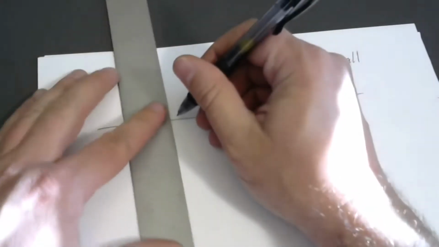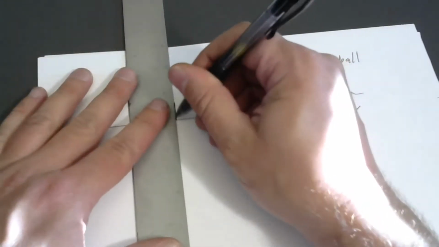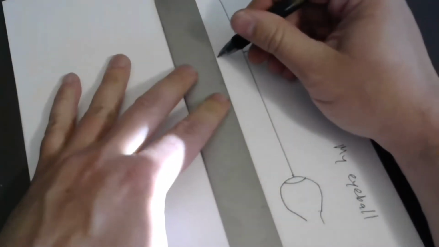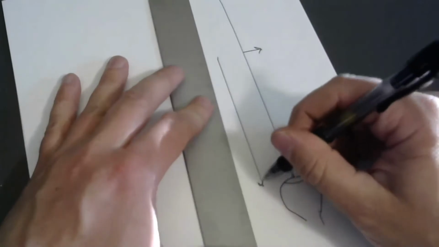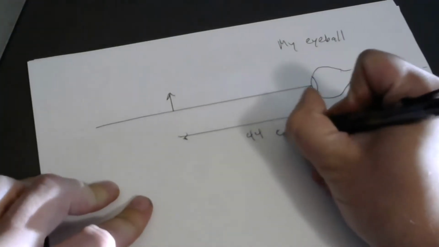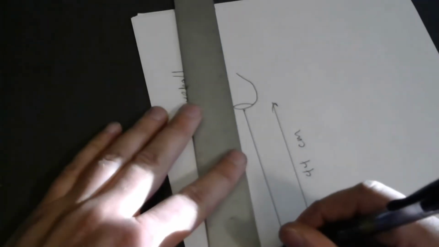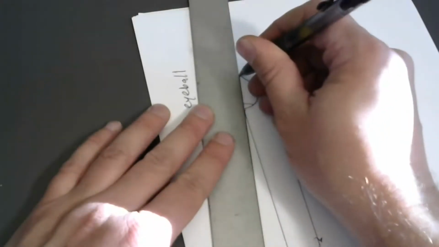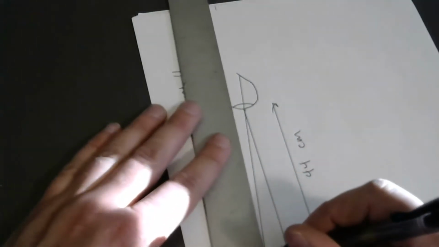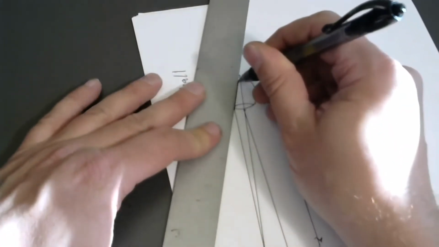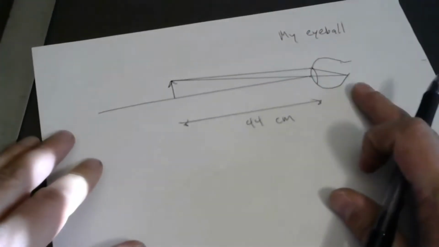Okay, so if we've got an object at the far point, maybe I can only see out to 44 centimeters. Well, that's what the equation is telling me. So this object is just barely able to be focused on my retina. And I should have drawn this eyeball a little longer.